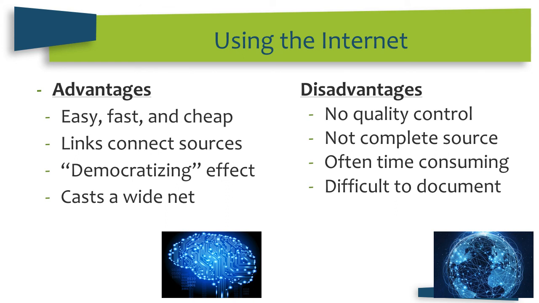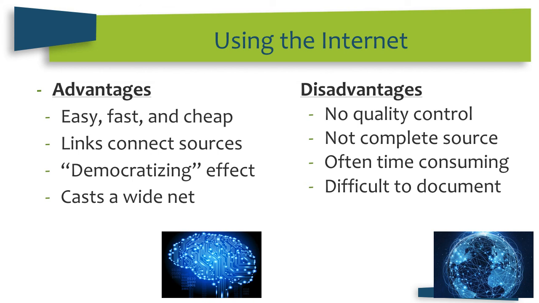But within these advantages, you can clearly see the problems as well. There is absolutely no quality control. Anybody can write on the internet, and you'll never know whether it is authentic or not. Then mostly you won't find complete sources. There would be parts written in one place, another part in another place, even if it is authentic.